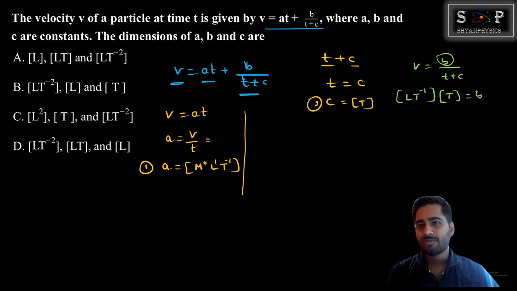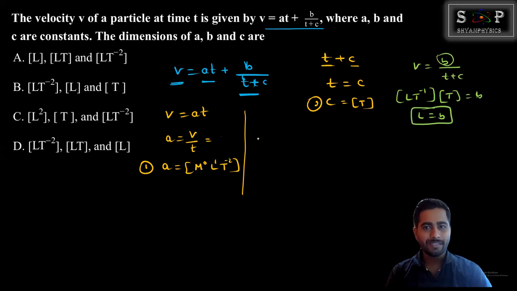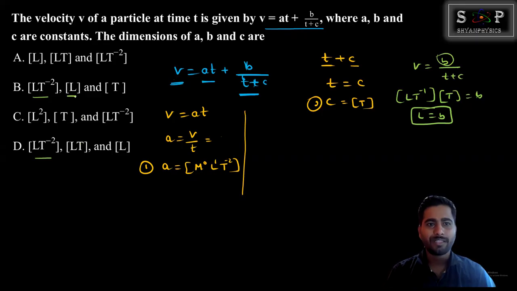So it equals B, and we get L only. Means B is length, C is time, A is velocity, which means the A value is L T^-2, acceleration. L T^-2 is in the equation, and the B value is length. So length is here and time is here. Option B.